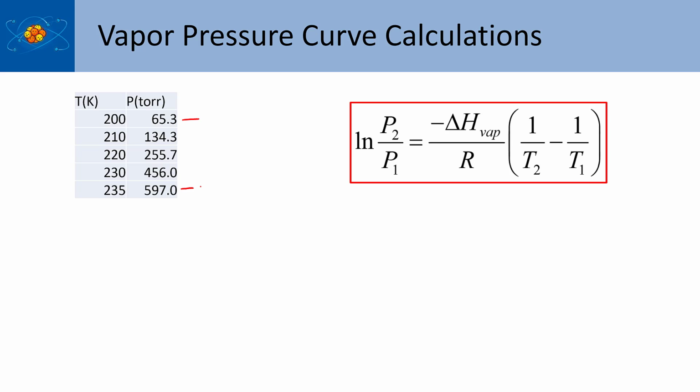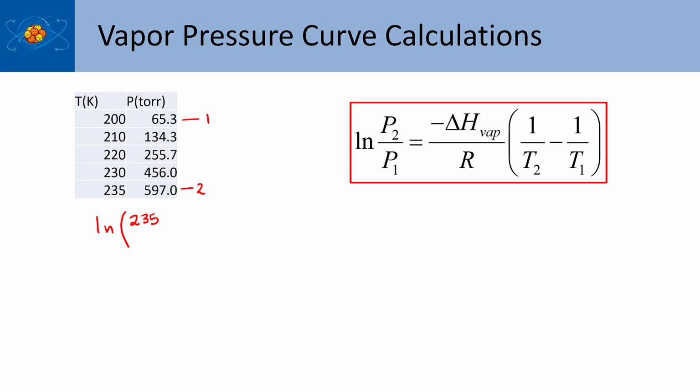I generally like to pick points that are at the ends of the data because it spans the entire data set. So we're going to have to do natural log of P2 over P1. So we're going to go ln, and I'm going to call this 1 and this 2, okay? So make sure you keep track of your data real carefully.